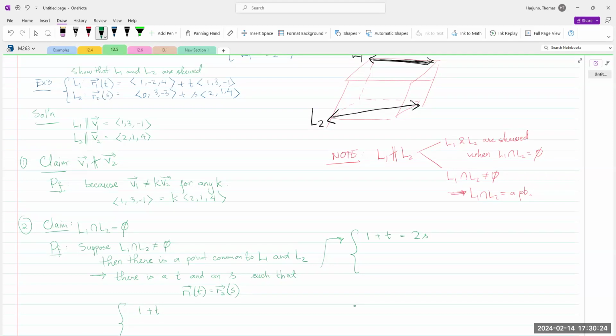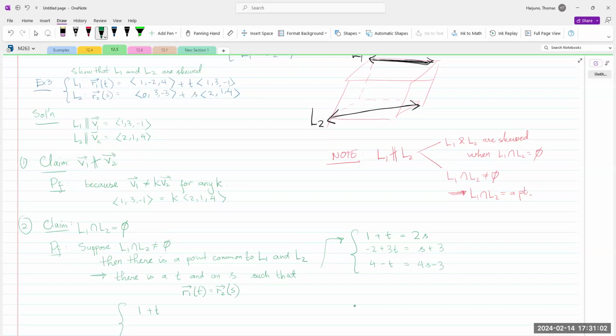For the Y component, in R1, we have negative 2 plus 3T equals S plus 3. And then the Z component, we have 4 minus T equals 4S minus 3.